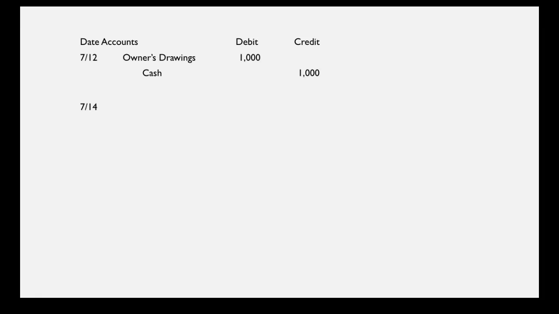Here on July 14th, it says perform services worth $3,000 and bill the customer for the amount. So we are performing these services and we aren't getting paid right now. We're billing our customer.